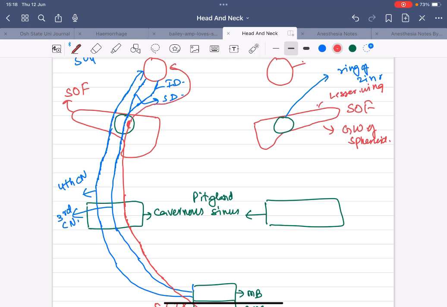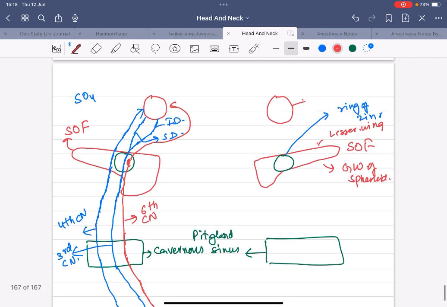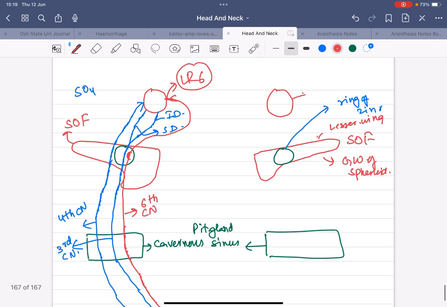This is the abducent nerve, inserting into the sclera, the lateral rectus muscle, LR6. These two divisions innervate all the rest of the muscles of the eyeball.